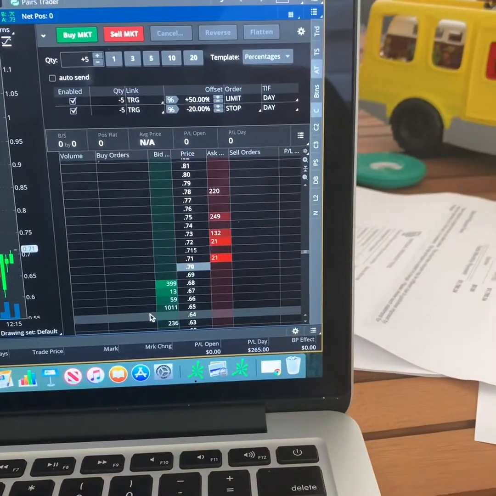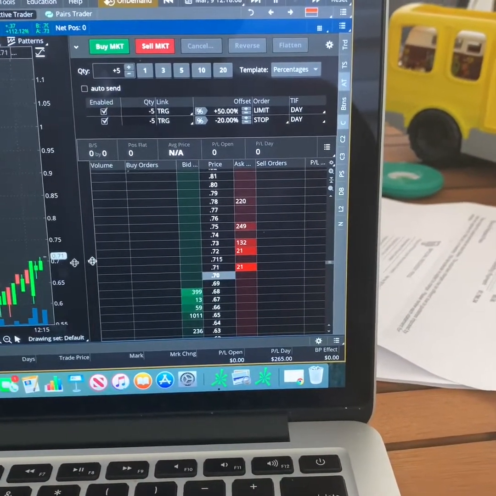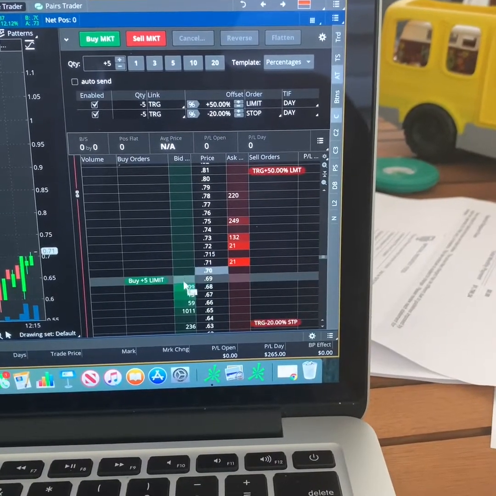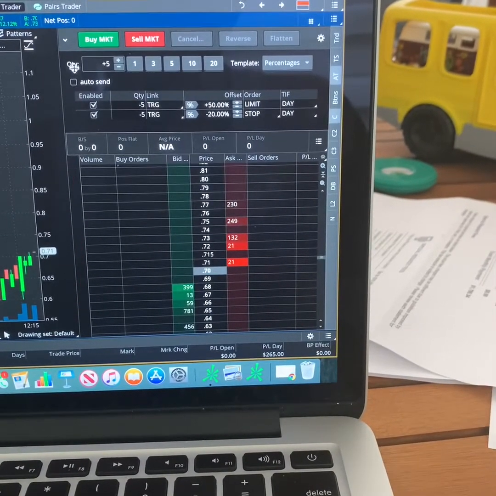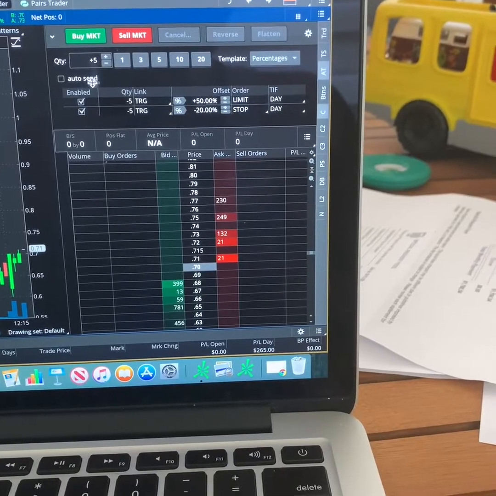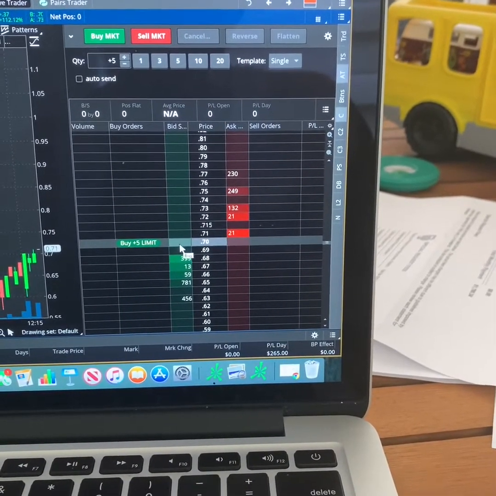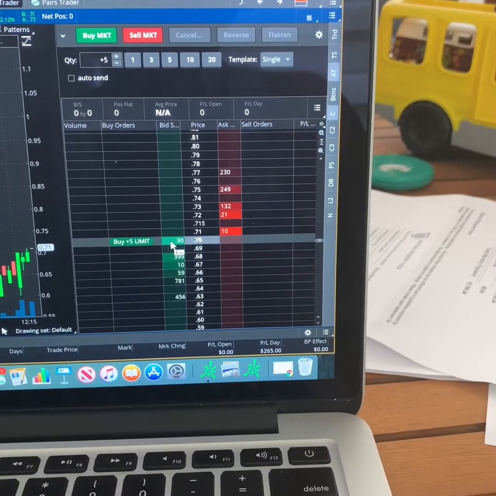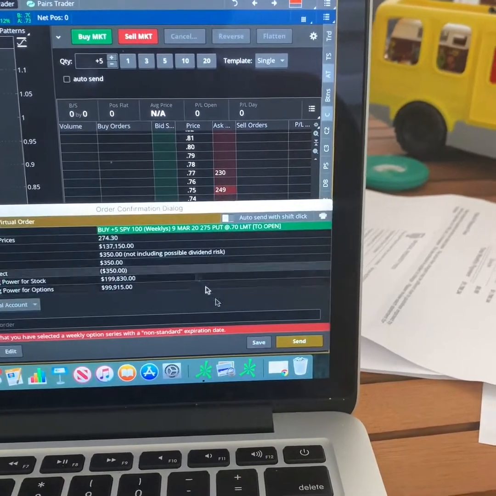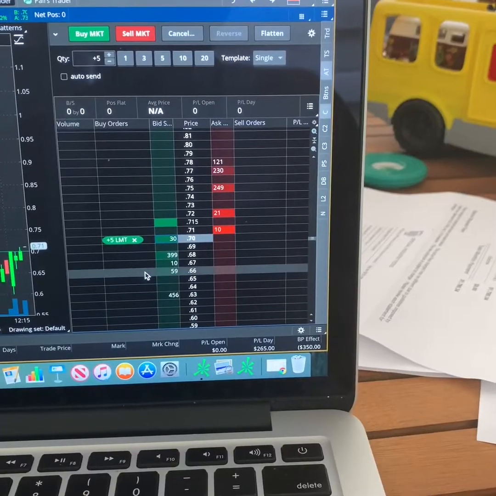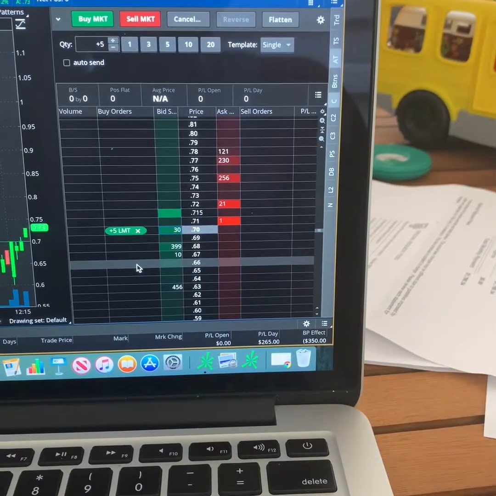I already chose to get into this trade. Let me cancel this. Okay, so I'm looking to buy 5 at the limit. So I'm going to go here, 70. Let's see if it fills.